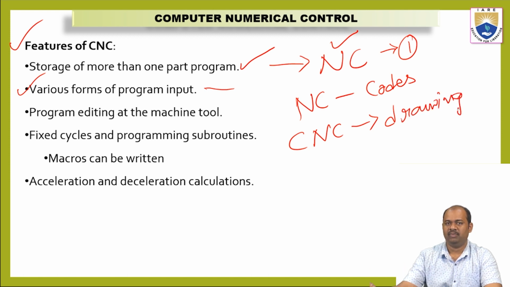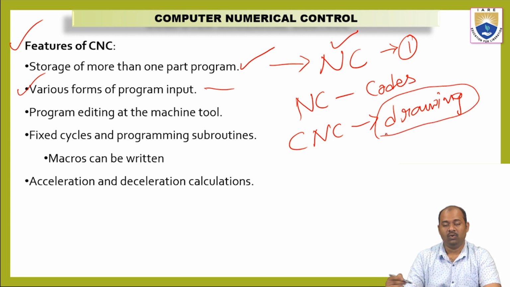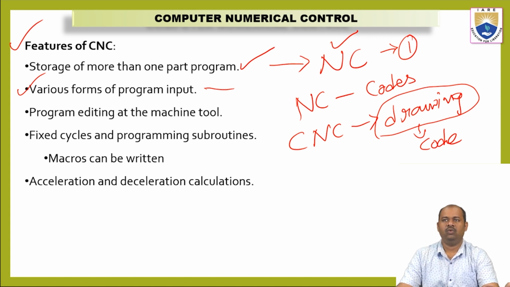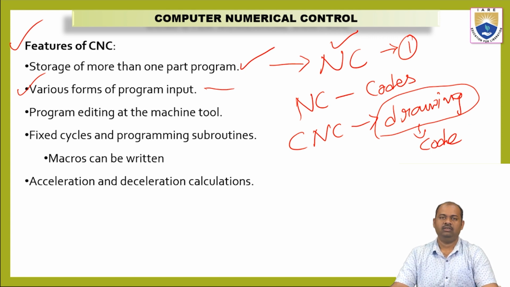If I want to manufacture any part, I can simply give the drawing of the object into the CNC machine or computer. It will convert the drawing into the required code, and this code will be utilized in the machine. Back in numerical control systems, we have to give codes. Now in CNC, there is no need for codes.